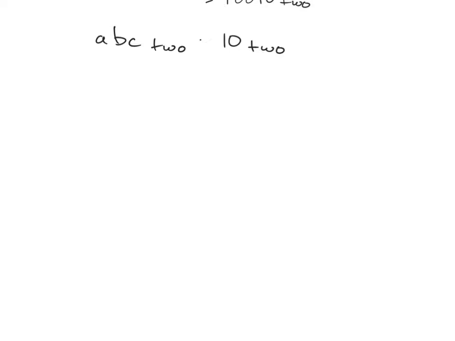So the first one is going to be A 0 0 plus B 0 plus C. Or if it makes you feel better, you can write it like this: A times 100 plus B times 10 plus C times 1, and you could multiply that by 1 if you want.